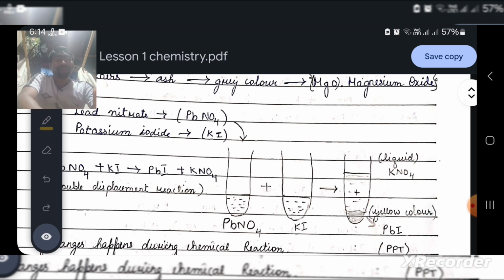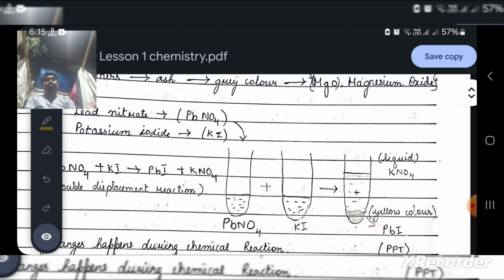Now let test tube C be empty. First of all, test tube C is empty. Now what we'll do, we'll take this lead nitrate solution and pour it in test tube C. Let it be half filled.